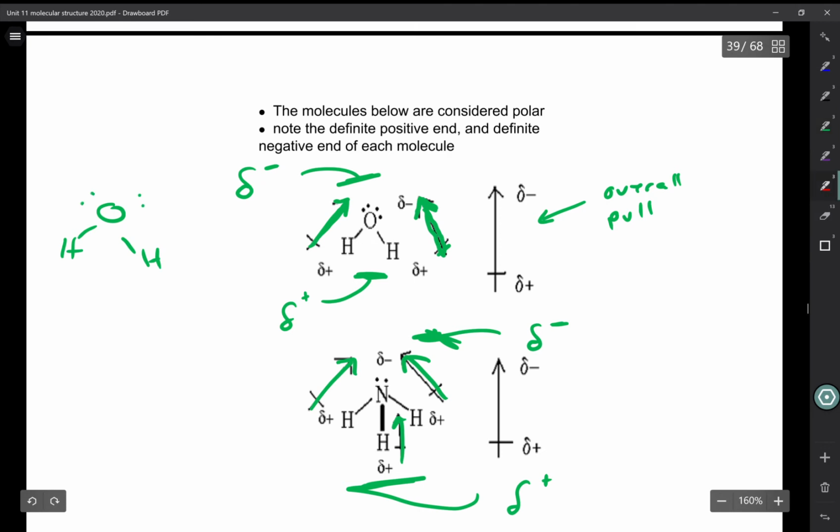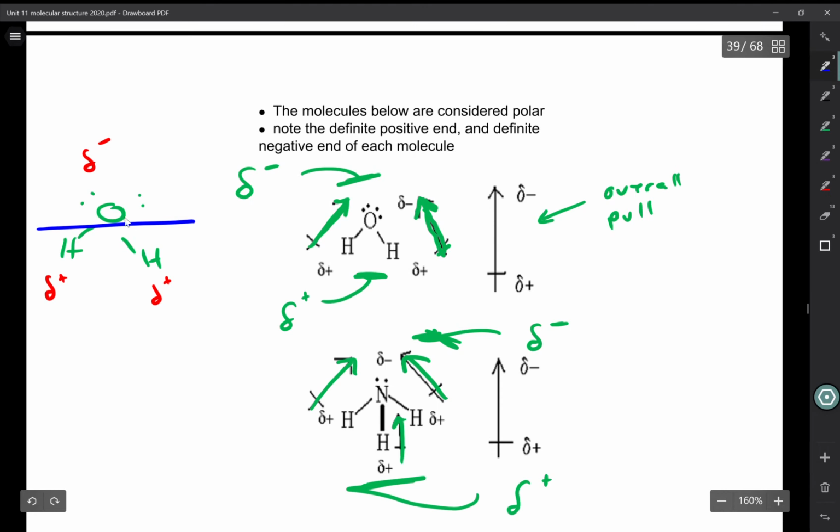Oxygen we said is our partial negative, and each hydrogen's a partial positive. If I draw a line right here in the middle, as you see, I separate the negative half from the positive half. That means I've got a polar molecule.